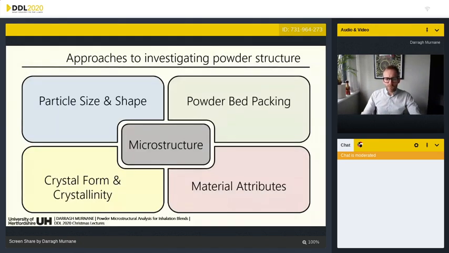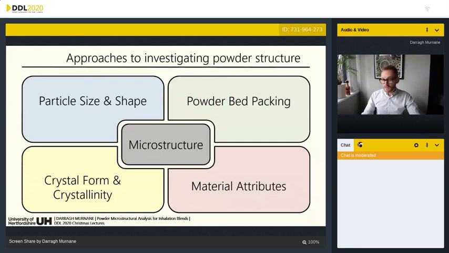So what we were trying to get to is to understand how this powder structural issue of adding class C powders into the carrier lactose changes the powder structure. And really, we're looking at approaches to investigating powder microstructure here. How do different aspects of particle size and shape affect the microstructure?